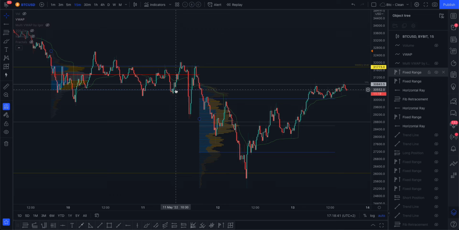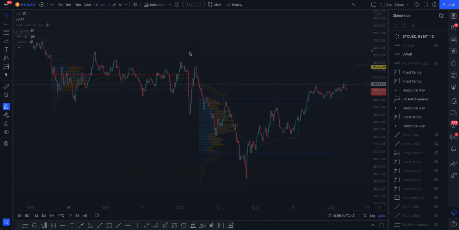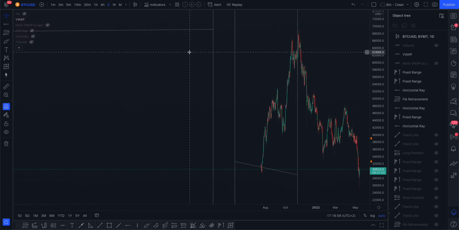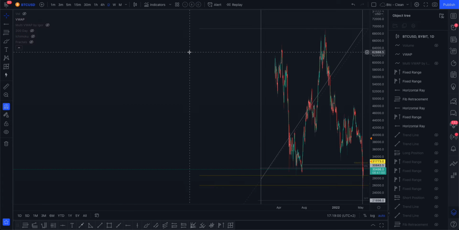So yes, we are above this smaller resistance. We've broken into that channel, but we need to stay above that now, so we're fighting to stay above there. But that value area low is the big area to break into, or to claim. Just going to go back out to the daily so that you can see which level I'm talking about.